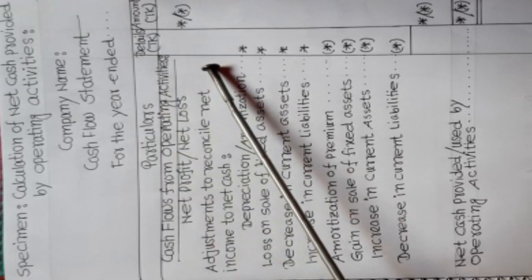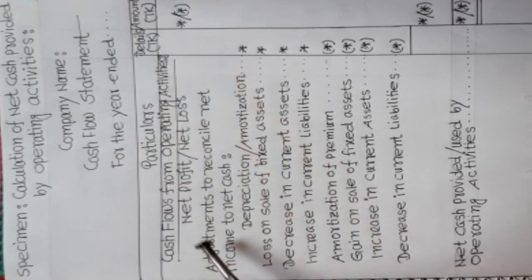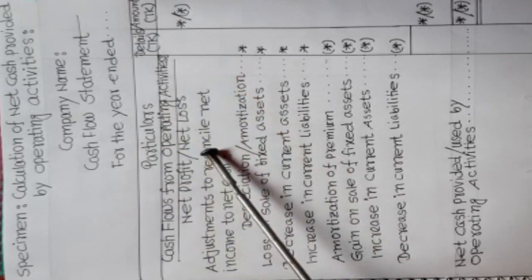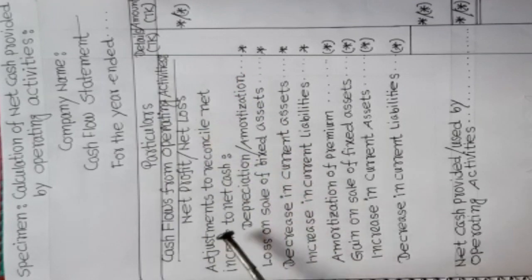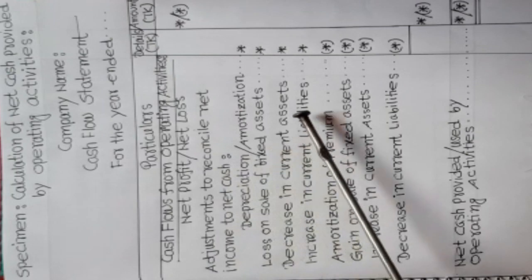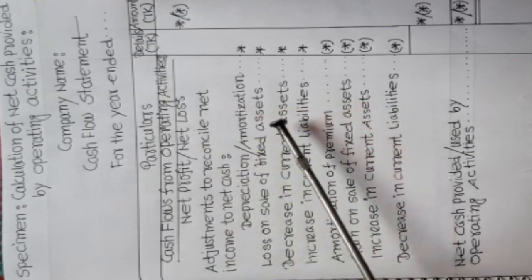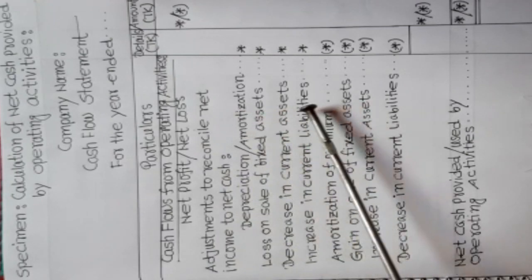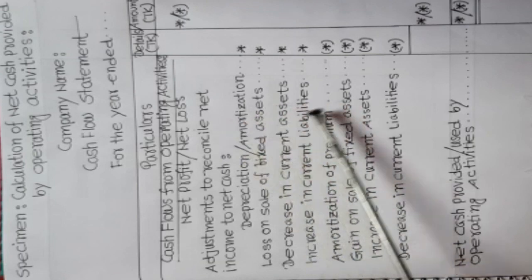Okay, dear students. Now, adjustments to reconcile net income to net cash. My dear students, just mind it. There are four elements which will be added.